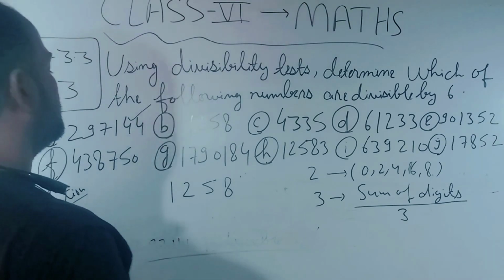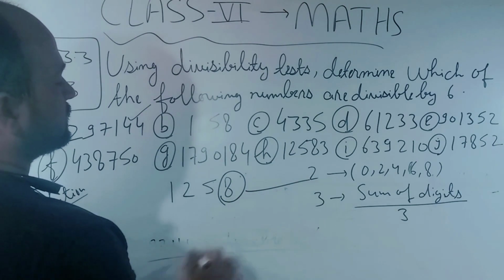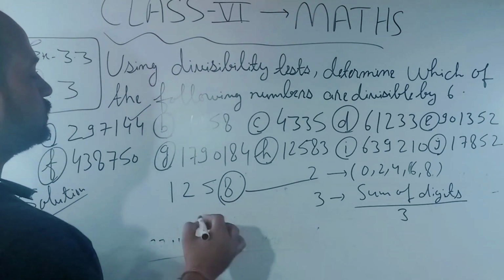Now 2 1 2 5 8. So 8 is coming from this group, so we will say this number is divisible by 2.